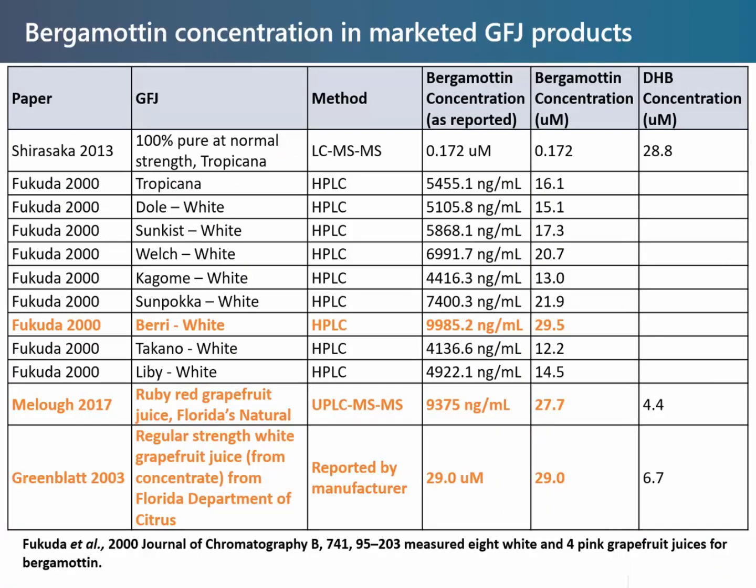The next one is actually on the grapefruit juice, and that is what Emily pointed out also with a little bit more detail, that obviously with the grapefruit juice you have the issue that there are different fruits that you can have in, you have different preparations. And as you can see on this slide, I just combined all different studies that were found for the bergamottin and the dihydroxybergamottin.